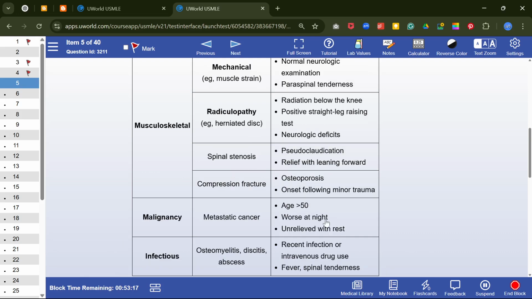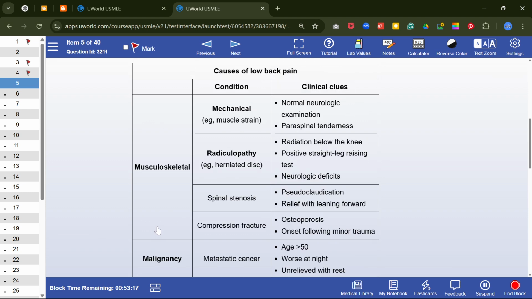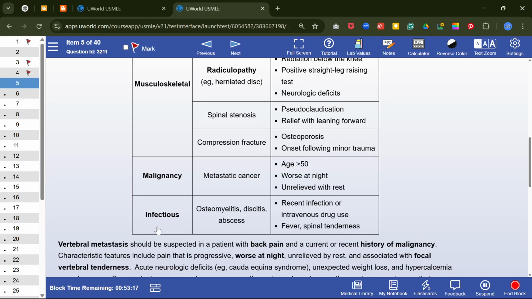Musculoskeletal causes: malignancy, infection. Mechanical pain: normal neurologic examination, paraspinal tenderness. Radiculopathy: radiation below the knee, positive SLR, neurologic deficit. Spinal stenosis: pseudo-claudication, relief with leaning forward. Compression fracture: osteoporosis, onset following minor trauma. Malignancy: metastatic cancer, age more than 50, worse at night and unrelieved with rest.